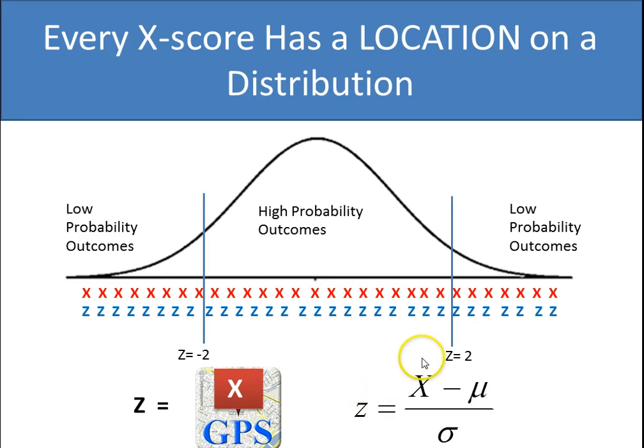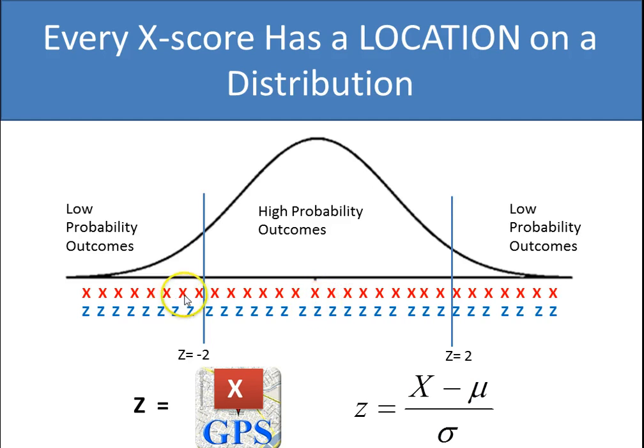And you may also remember that z-scores of 2 standard deviations from the mean, whether 2 standard deviations above the mean or 2 standard deviations below the mean, were the areas of the extreme scores, and that here in the middle we had the average or central scores.